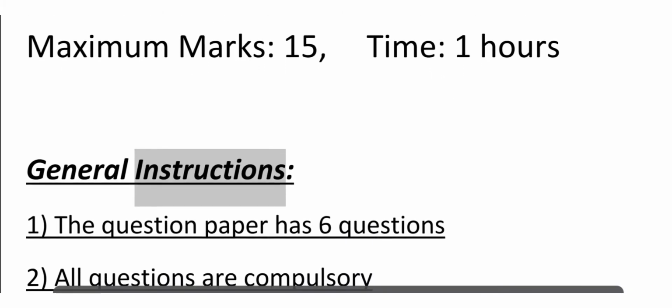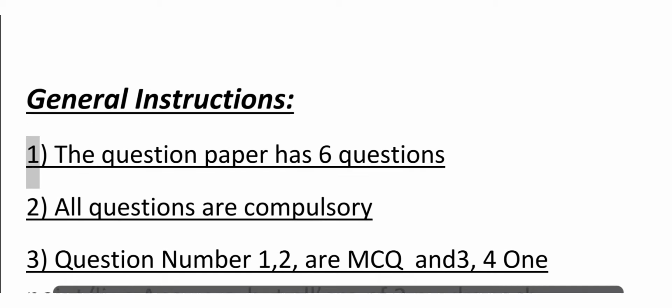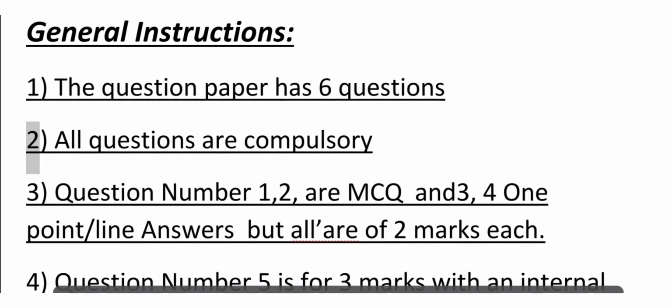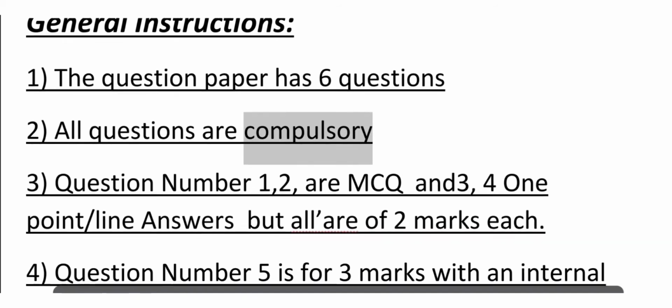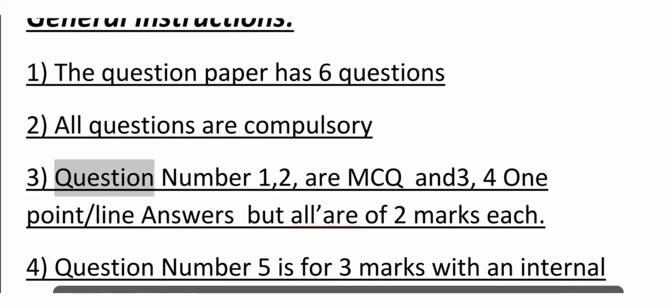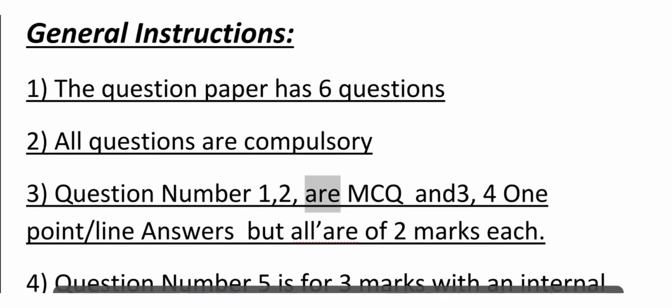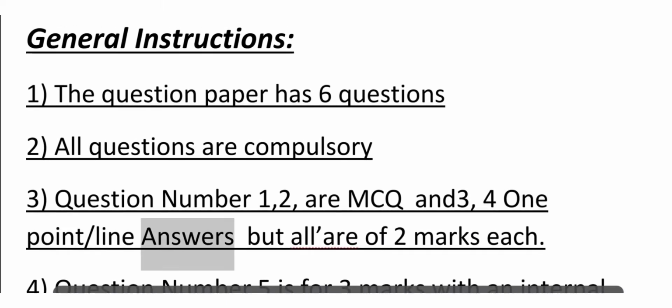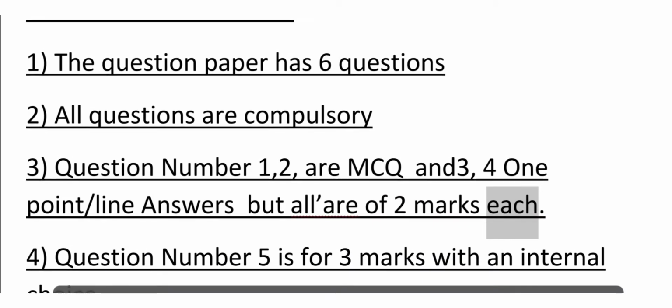General Instructions. 1. The question paper has 6 questions. 2. All questions are compulsory. 3. Question numbers 1 and 2 are MCQ, and 3 and 4 are one-point line answers, but all are of 2 marks each. 4.